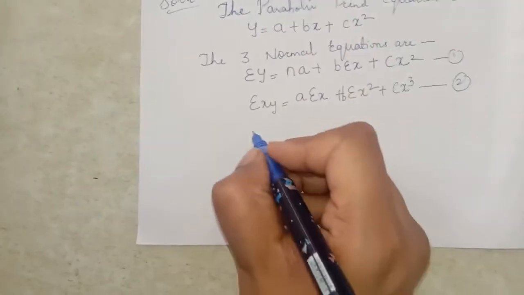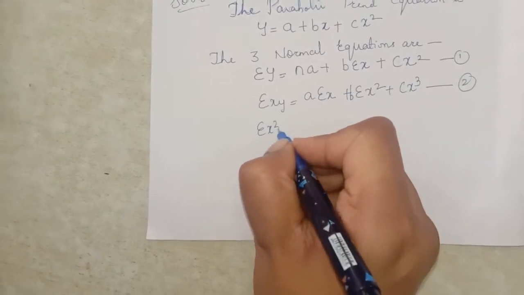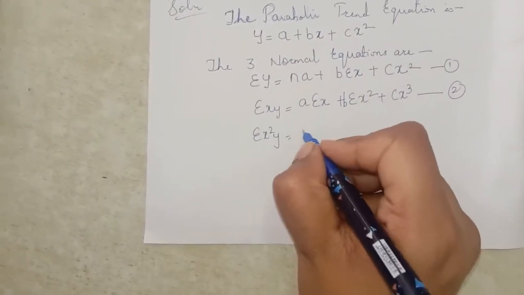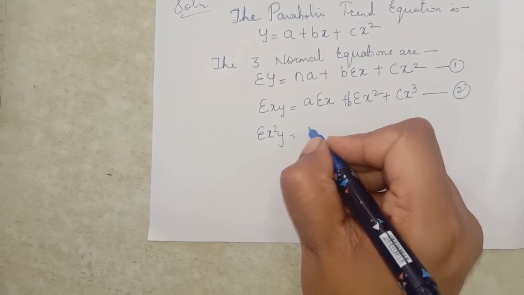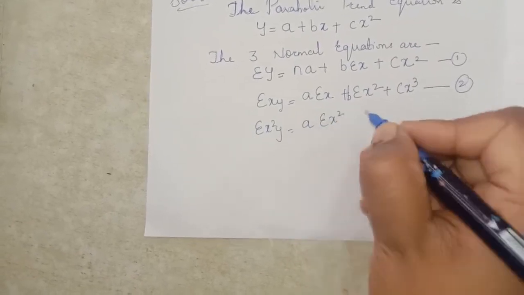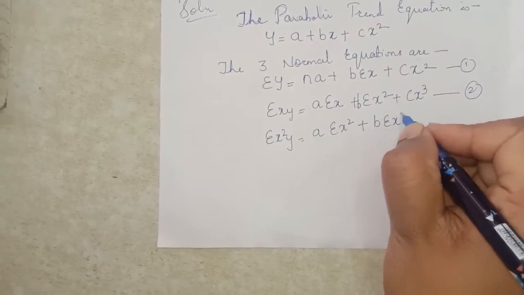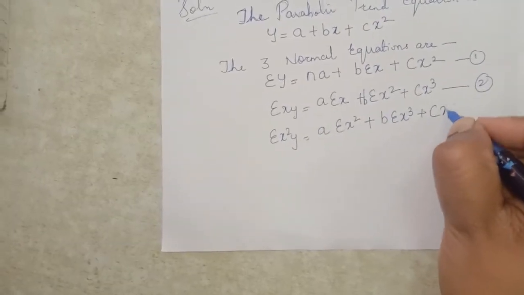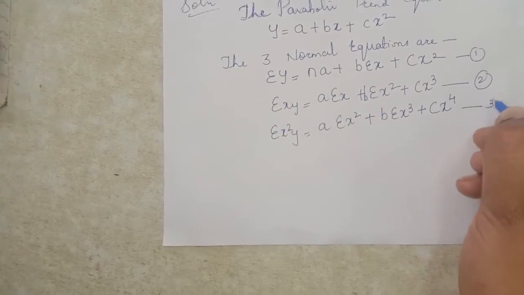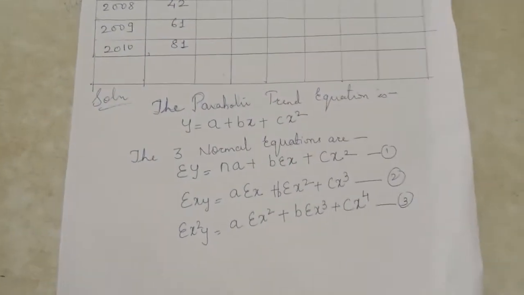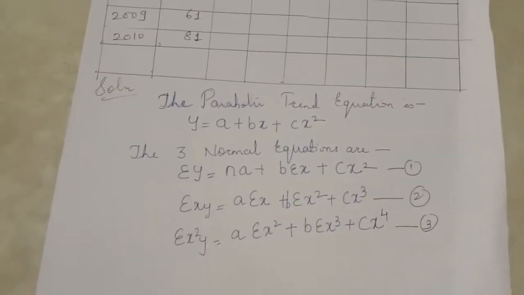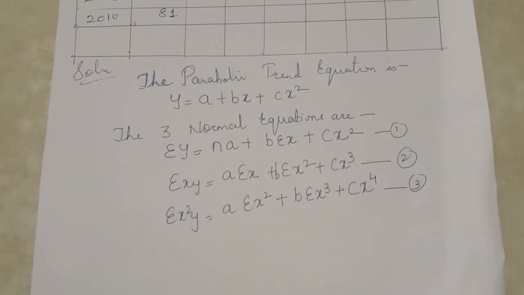Third normal equation, summation x square y is equal to a summation x square plus b summation x cube plus c summation x raised to 4. So these are the three normal equations with the main equation y is equal to a plus bx plus cx square.